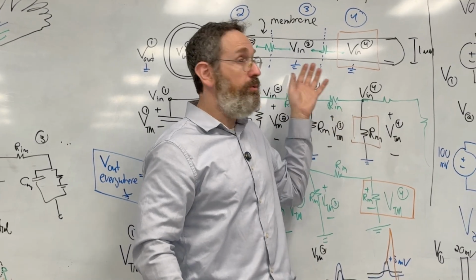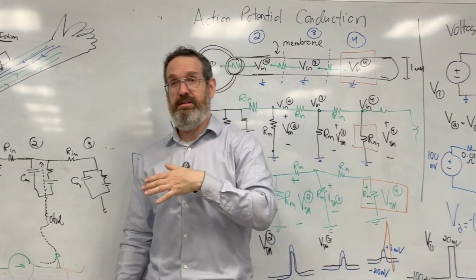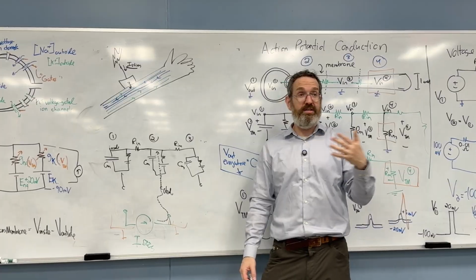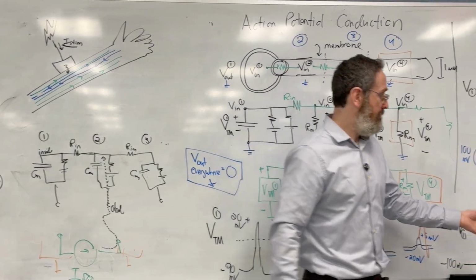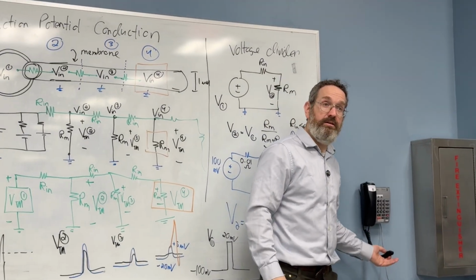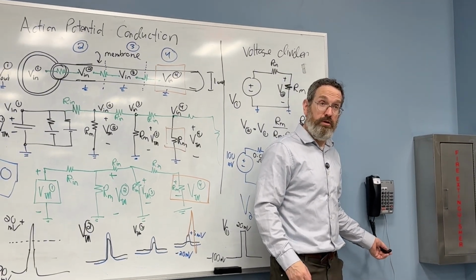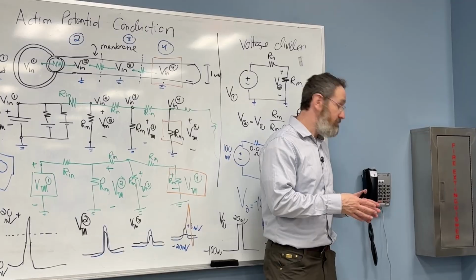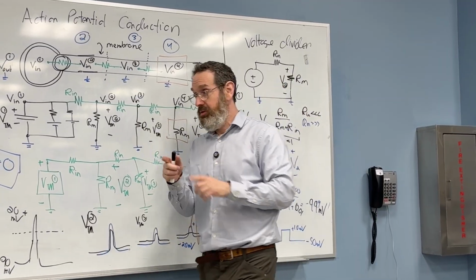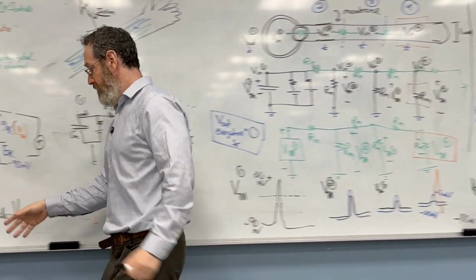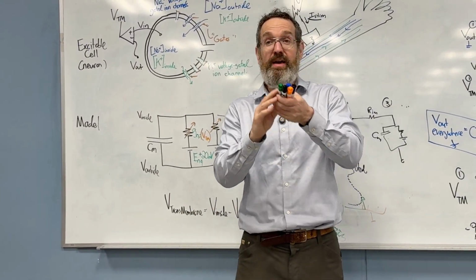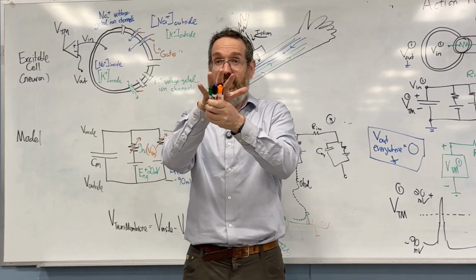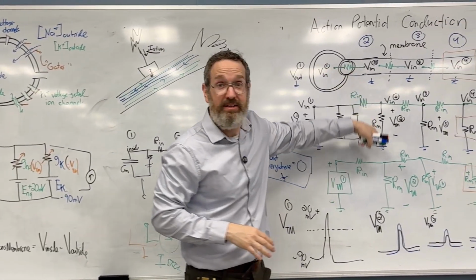So the reason the body is using electricity is for two reasons. One is the speed. It's really, really fast. Two, you can have multiple channels. One nerve can have many, many different axons in it, and each one is operating independently.